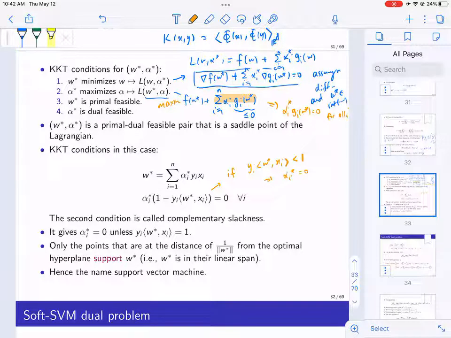Okay, so together, these conditions tell you that w star looks like a linear combination of the y_i, x_i, and the coefficients are only non-zero if the constraint is active. So this w star is a linear combination of the x_i's. The x_i's are the vectors, and the y_i's are just signs.